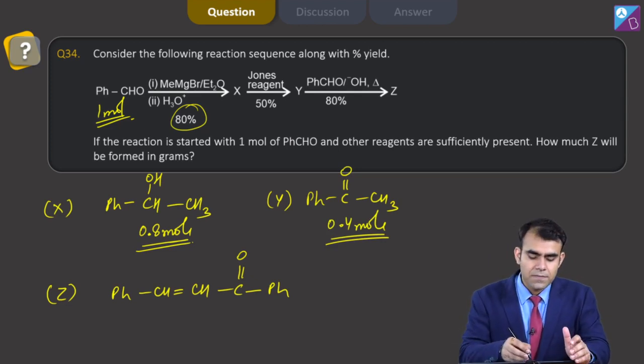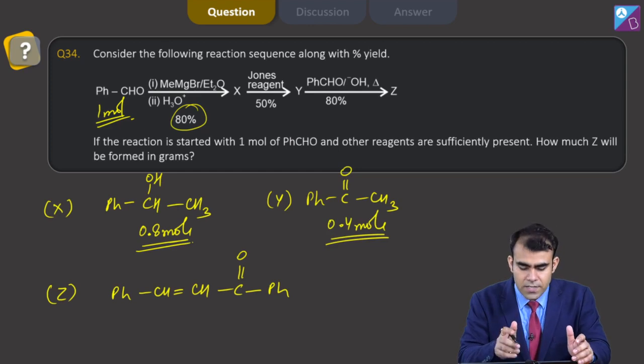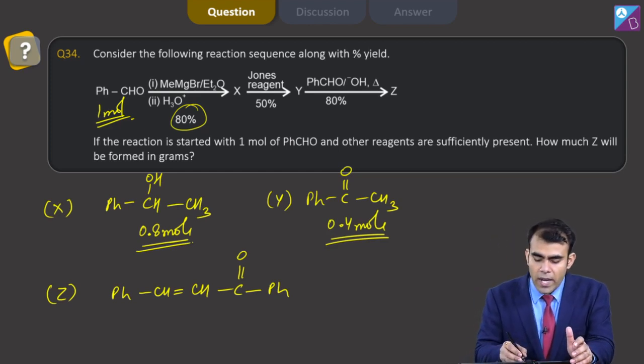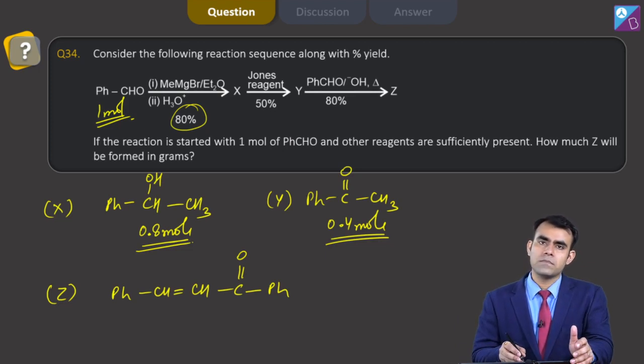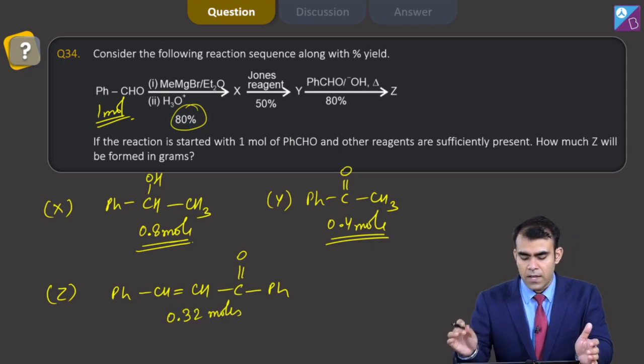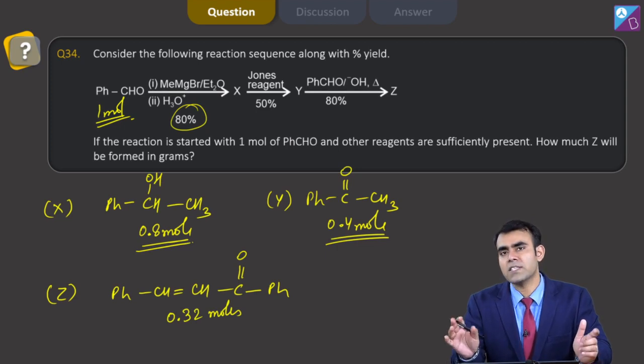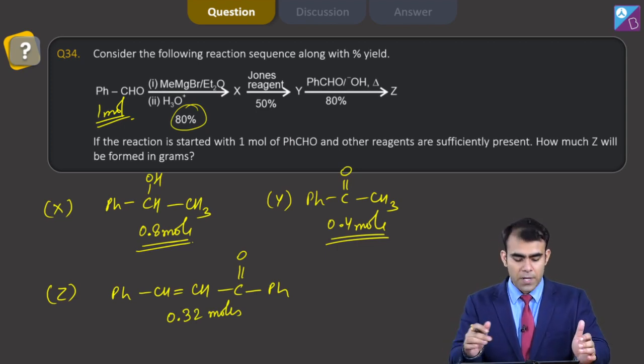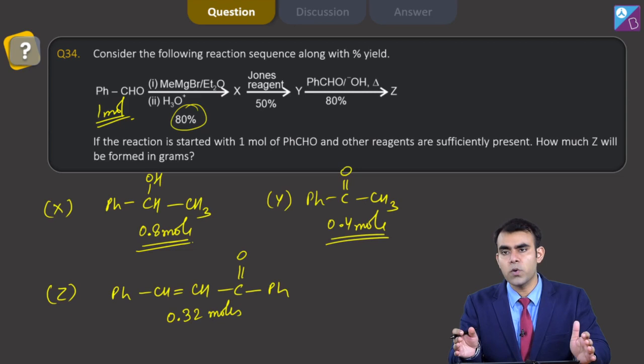And after that, after the aldol reaction, you can see that the percentage yield is 80%. So 80% of 0.4, 8 into 4 is 32. So here we get 0.32 moles. Now what we have to do, we have to calculate the mass, and for mass we have to calculate the molar mass of PhCH=CHCOPh.